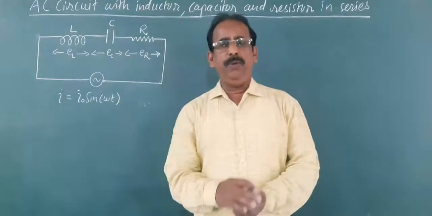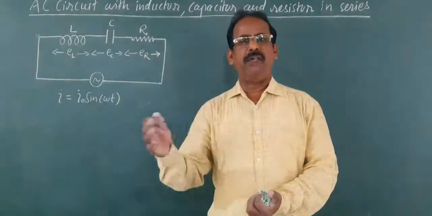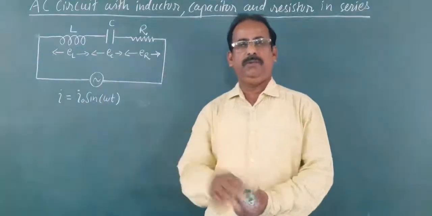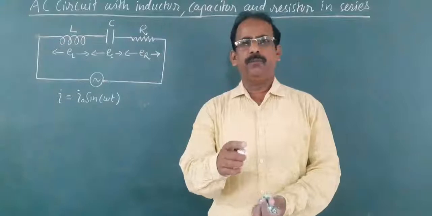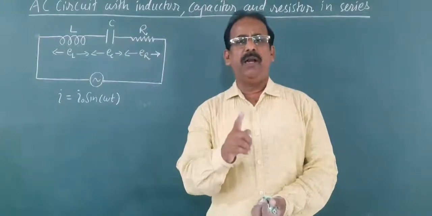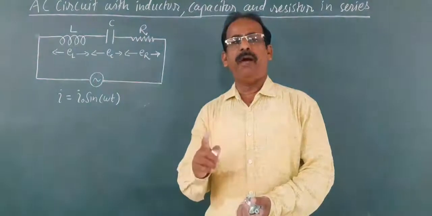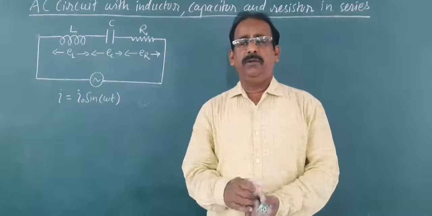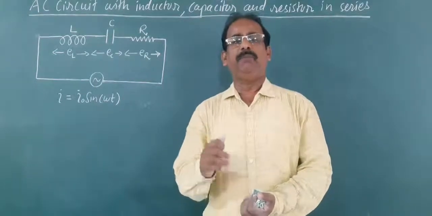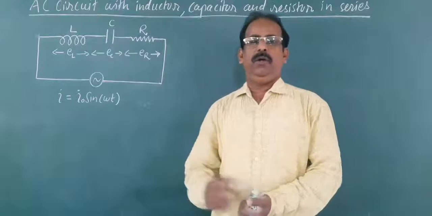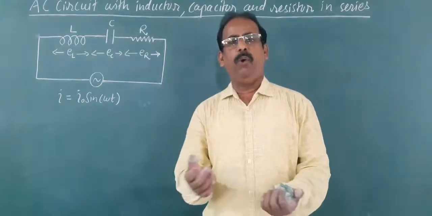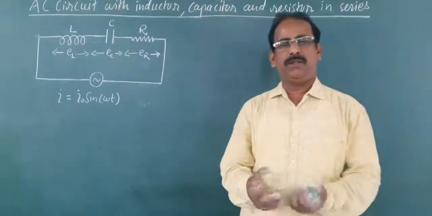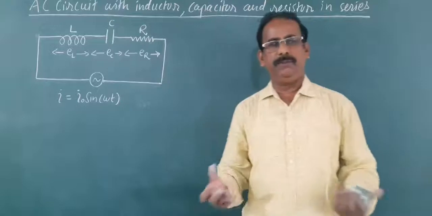These EMFs will show different phase difference with this current passing through the circuit. In inductor, you know that EMF is always ahead by pi by 2 radian than the current. In capacitor, EMF lags behind the current by pi by 2 radian. And in resistor, both EMF and current are in phase.